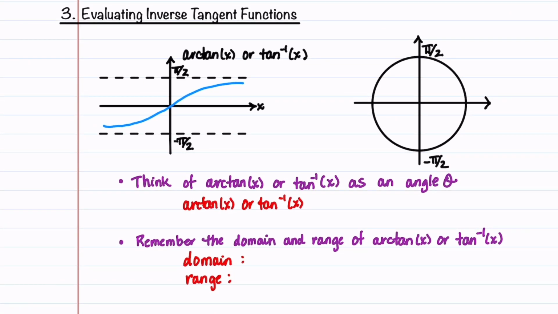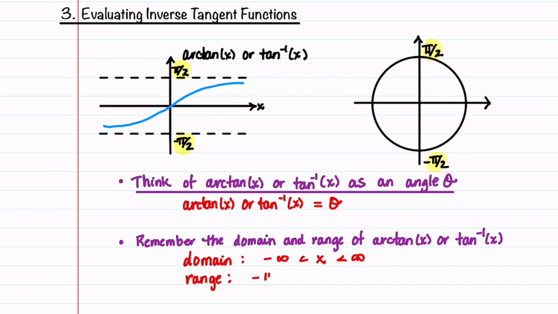Let's now look at some inverse tangent example problems. Just like we did for inverse sine and inverse cosine, we'll think of arctan or inverse tan as an angle theta, and we'll set arctan equal to theta. Arctan is going to be defined for values between -infinity and infinity, so for all values of x, and it's equal to an angle between -pi over 2 and pi over 2.